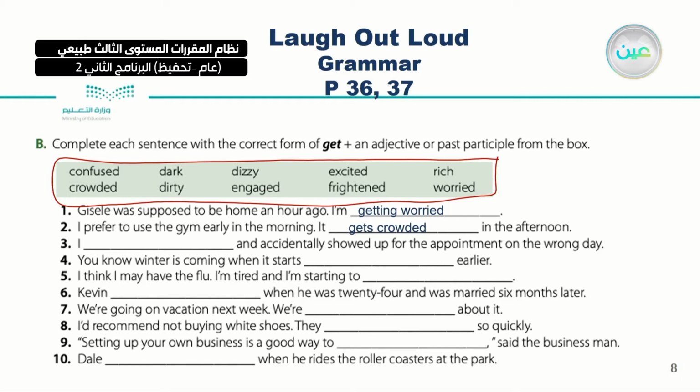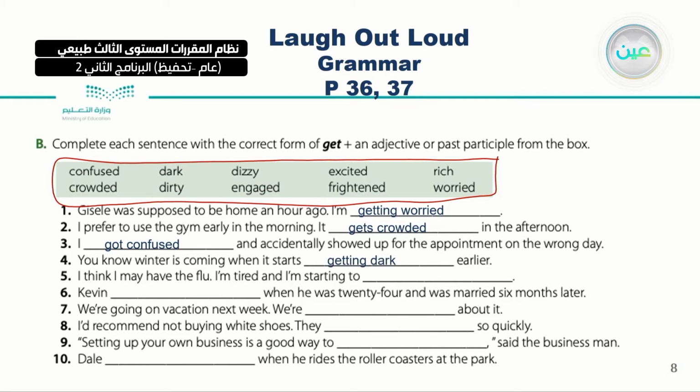Number 3: I accidentally showed up for the appointment on the wrong day. So I got confused. Very good. 4: You know winter is coming when it starts getting dark earlier.